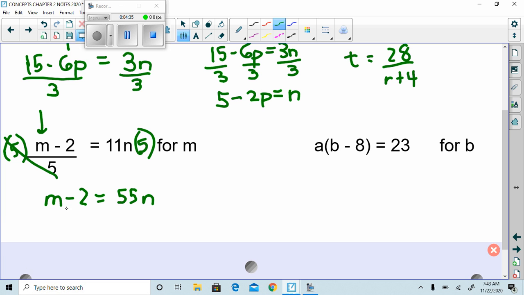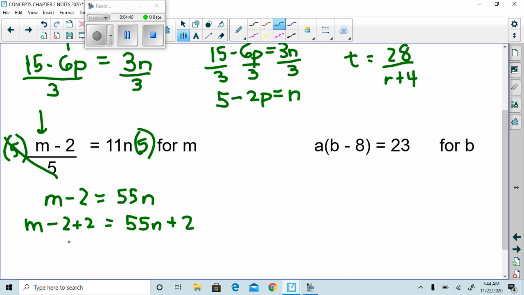In order to isolate m, I will add 2 to both sides. Simplify again. m is equal to 55n plus 2. Once again, this cannot be combined because an n term and a constant are not like terms.